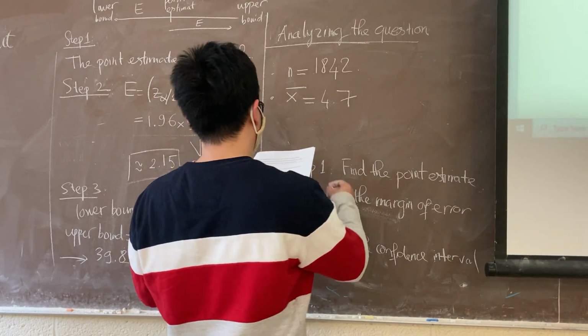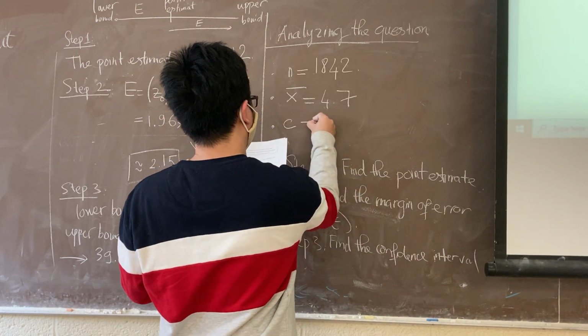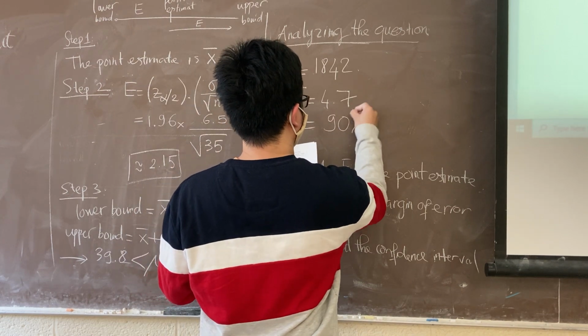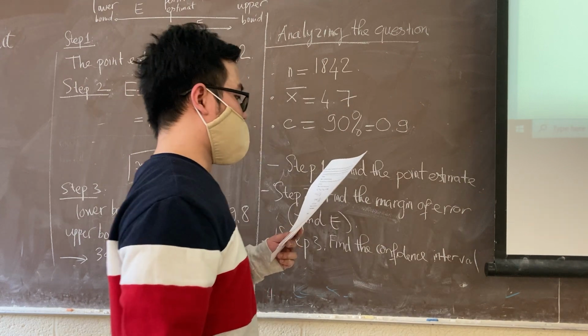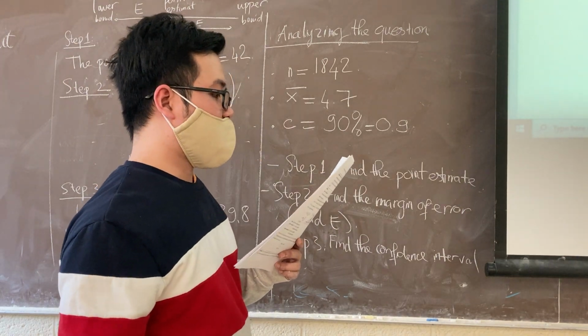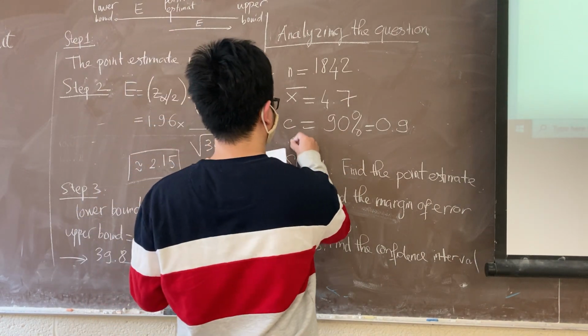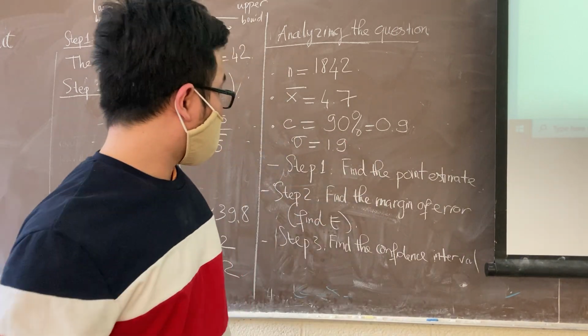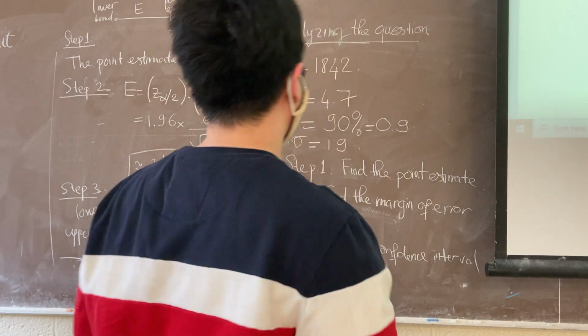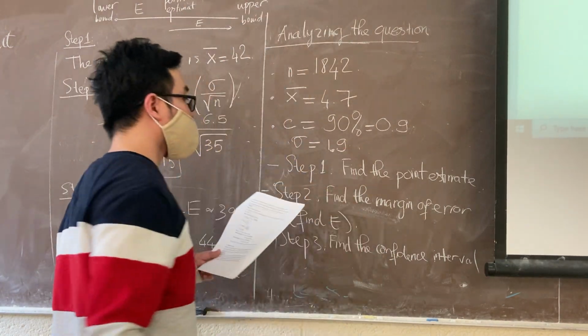They give you the confidence level, which is 90%, and the population standard deviation, sigma, here is 1.9. So that's all the information.